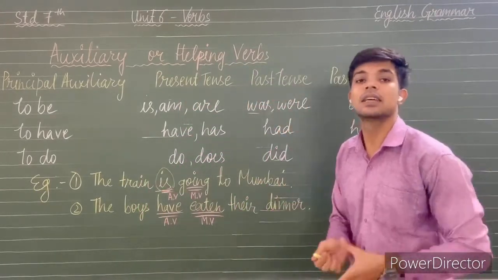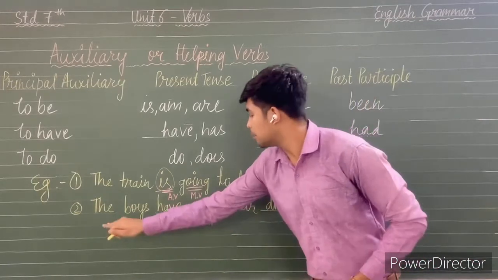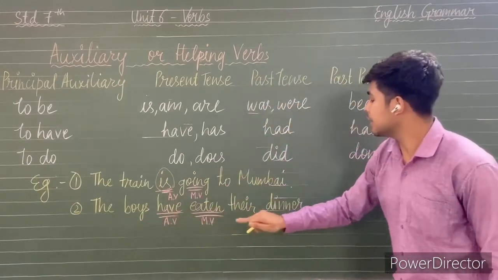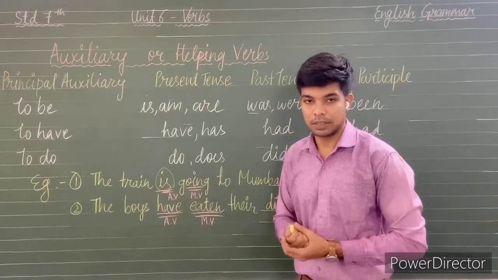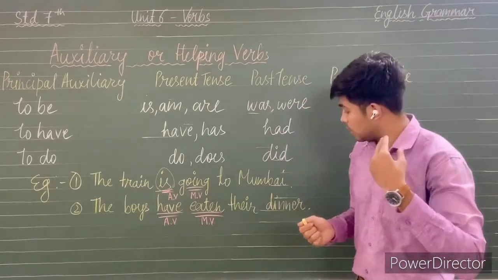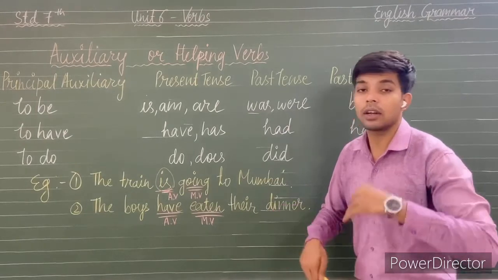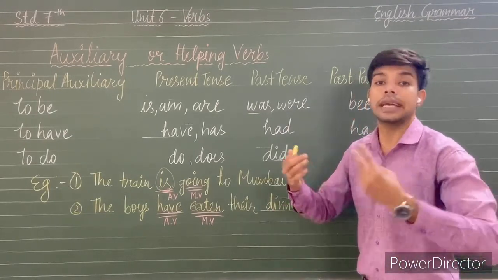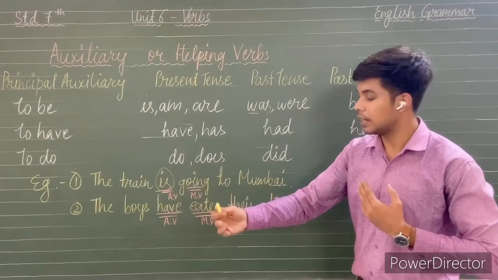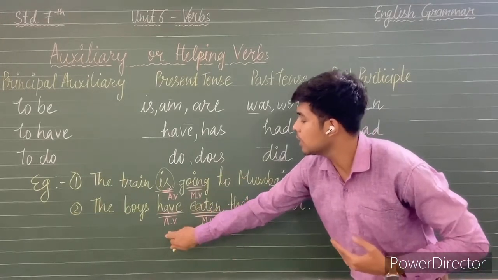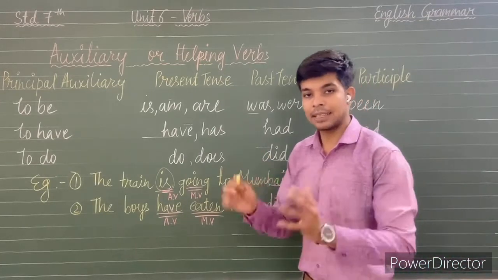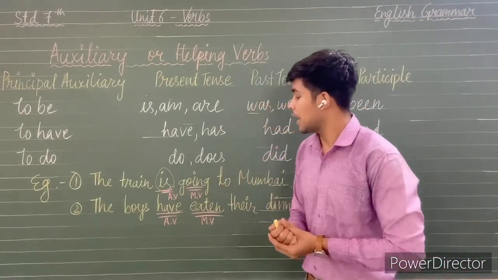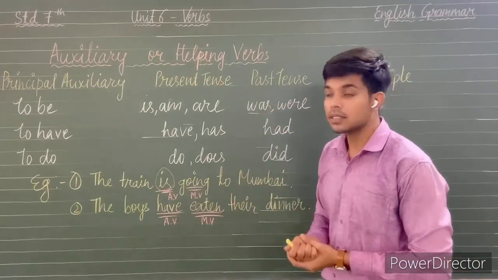Now we'll look at another example. The boys have eaten their dinner. So eaten is the main verb of the sentence, but eaten does not describe the exact tense of the sentence. So that's why the auxiliary verb have is being used here to describe the exact tense of the sentence.